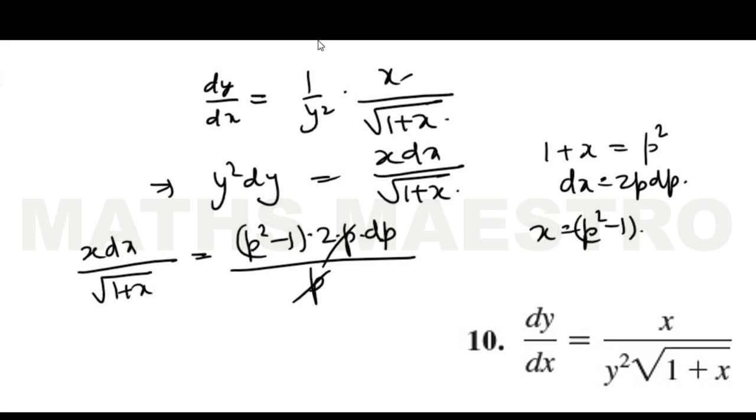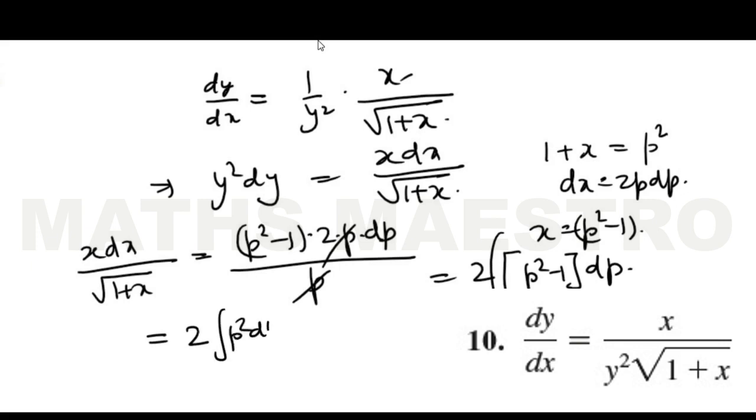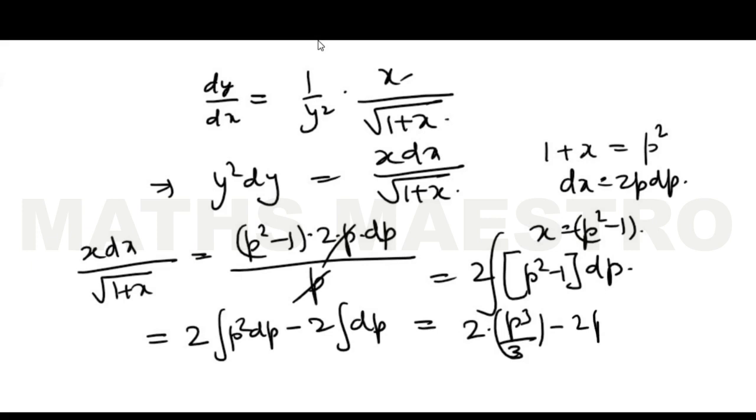P will cancel off, and we get 2 times p square minus 1 dp. Now if we apply integration here, we get 2 integral p square dp minus 2 integral dp, which is equal to 2p cube by 3 minus 2p.